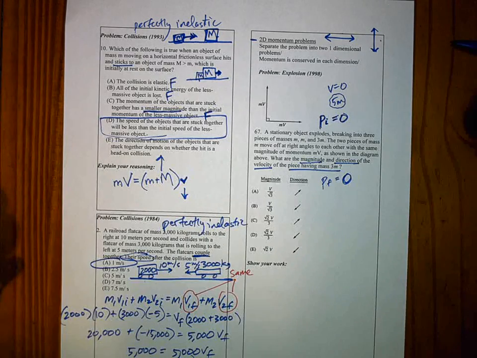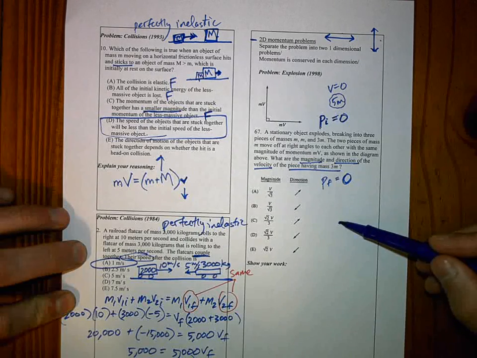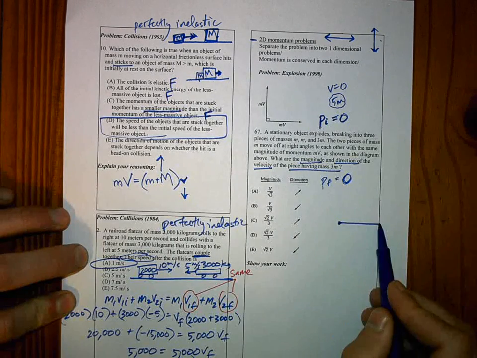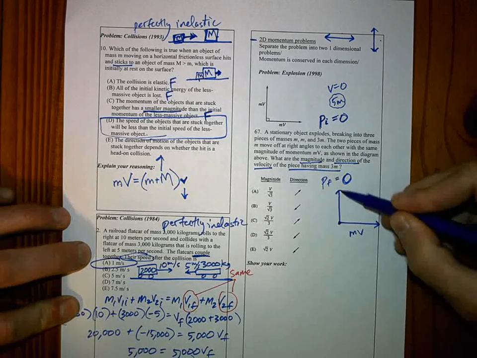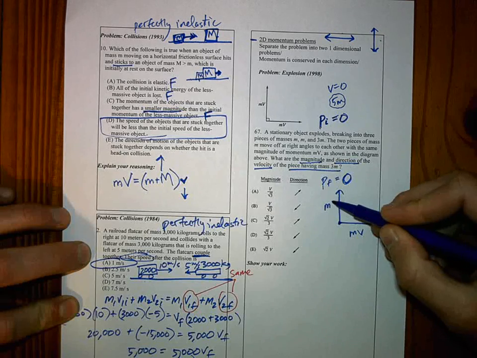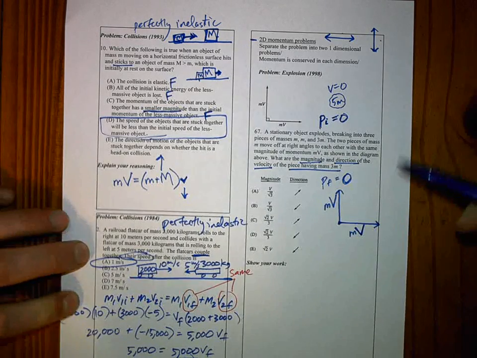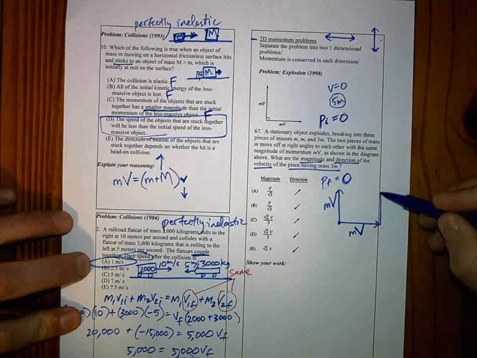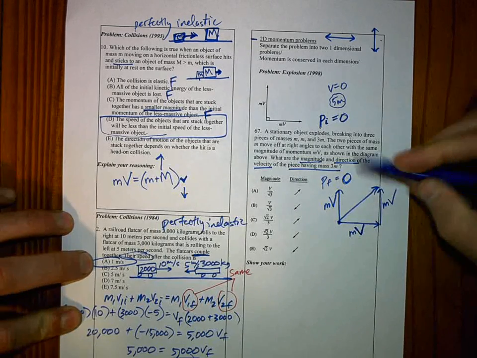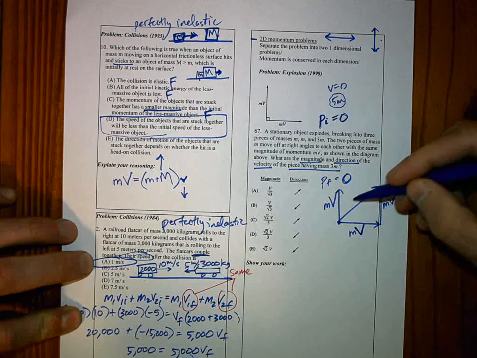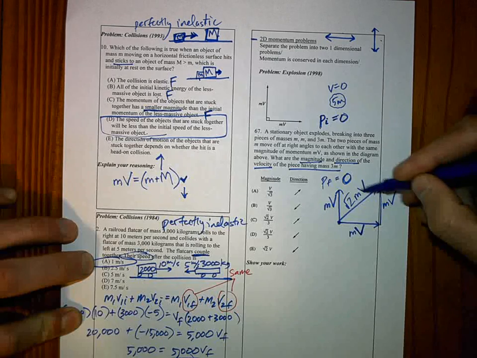Okay. So what I'm going to do is here I have two momenta vectors of the first two objects, mV and mV. And that's a big V. And I'm going to add those up to get the momentum of both of those. Tip to tail, draw the resultant. And so that has a momentum of square root of 2 m big V. Okay.